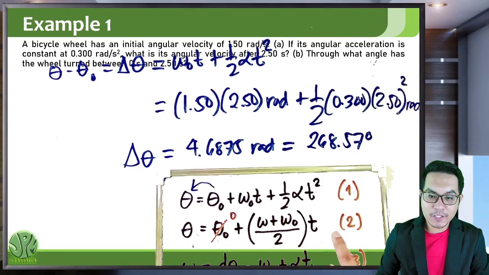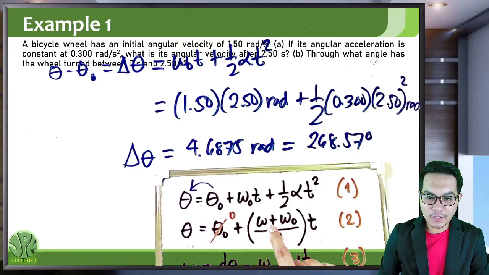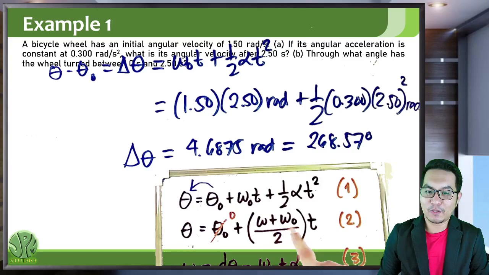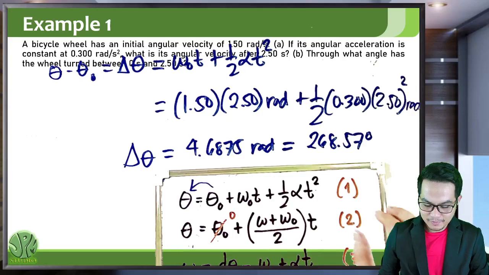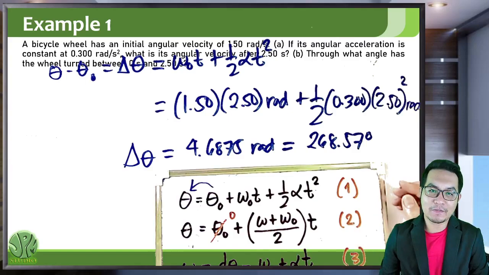The disadvantage of equation 2 is that if you got the wrong answer for omega, even though you used the correct solution, since you calculated a wrong value for omega, your final answer will be wrong. So that's a disadvantage of using equation 2.